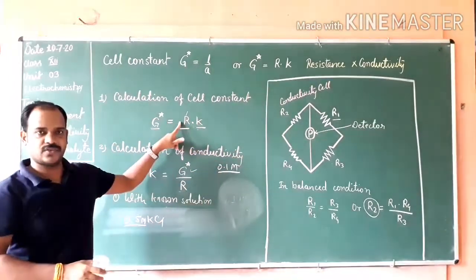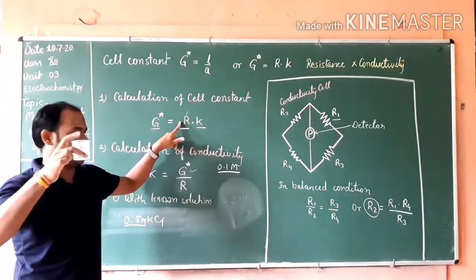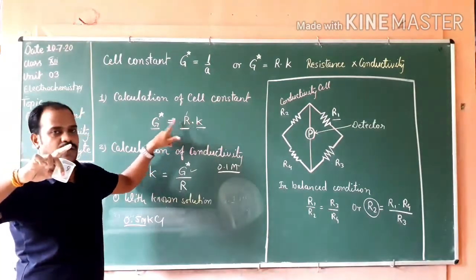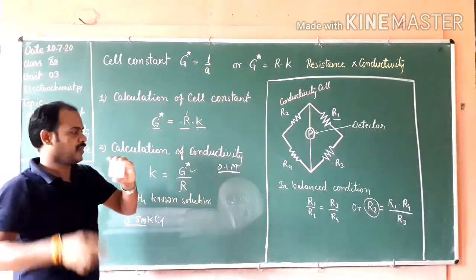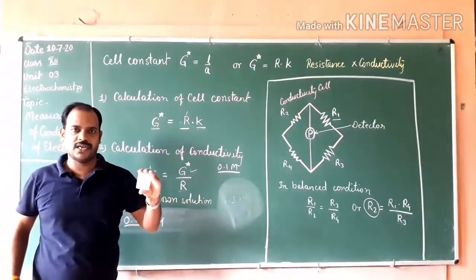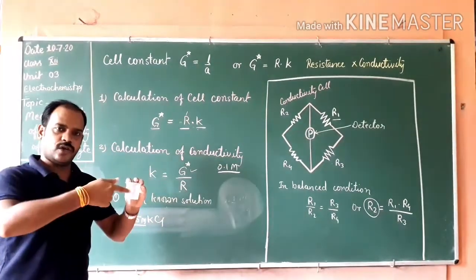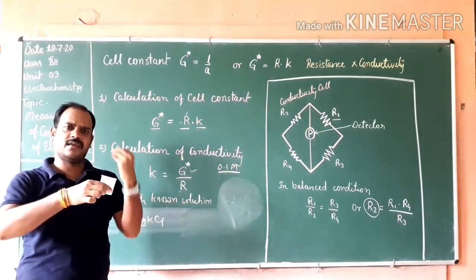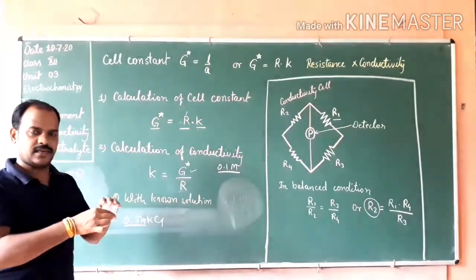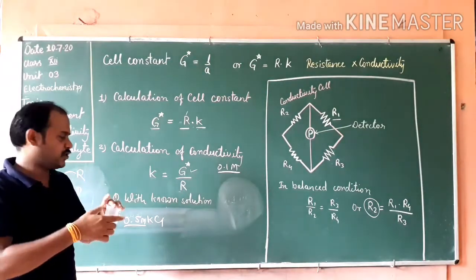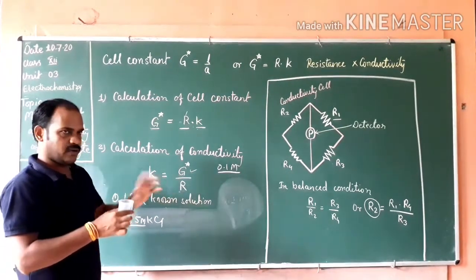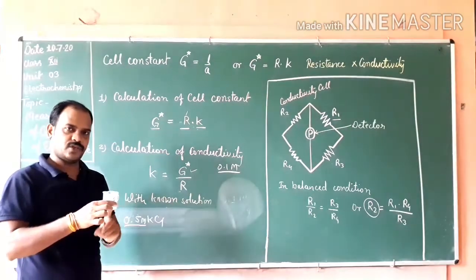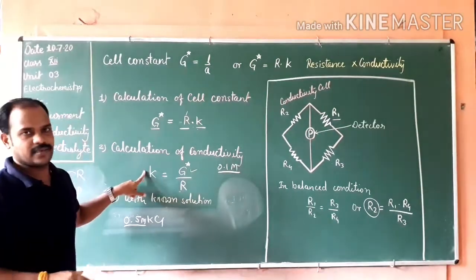This one is the resistance for this KCl solution. Conductivity is already given by Kohlrausch. Place this value, find the cell constant for this cell. Now remove the KCl solution, fill in the unknown solution. The unknown solution may be of KCl, maybe of NaCl, maybe any solution. Fill this conductivity cell with the second solution; since we already know the cell constant, if the resistance of this solution is given, we can calculate kappa.